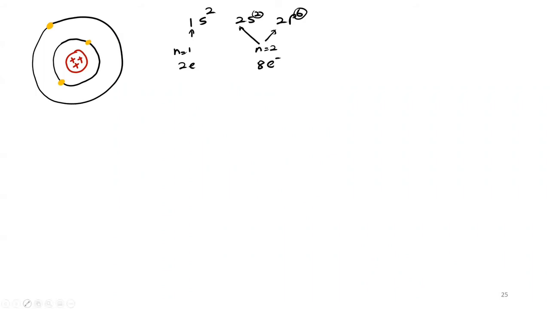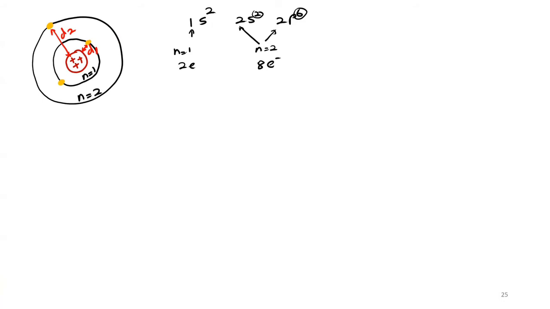So let's think about how this force is going to work. If you consider the nucleus and the electrons in the first energy level, let's call this D1, and the next distance D2. We have our energy levels. This is n equals 1, and this is n equals 2.